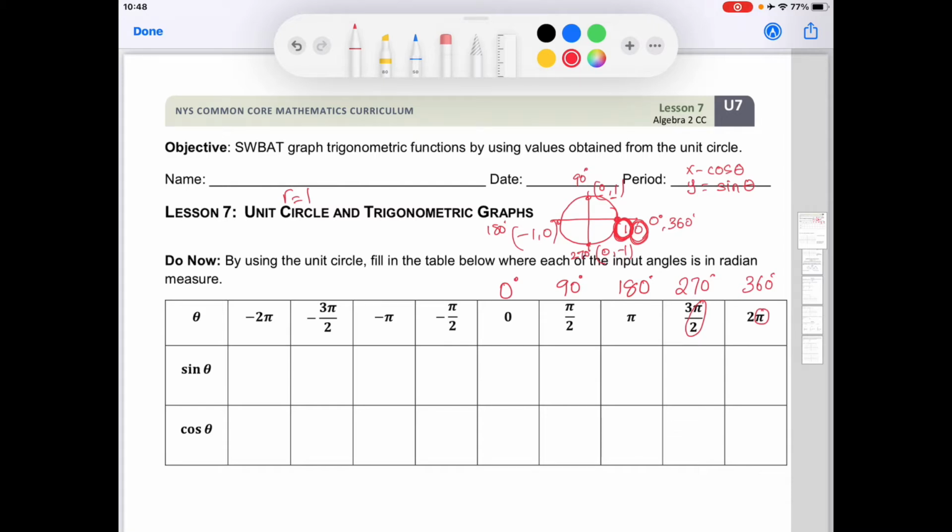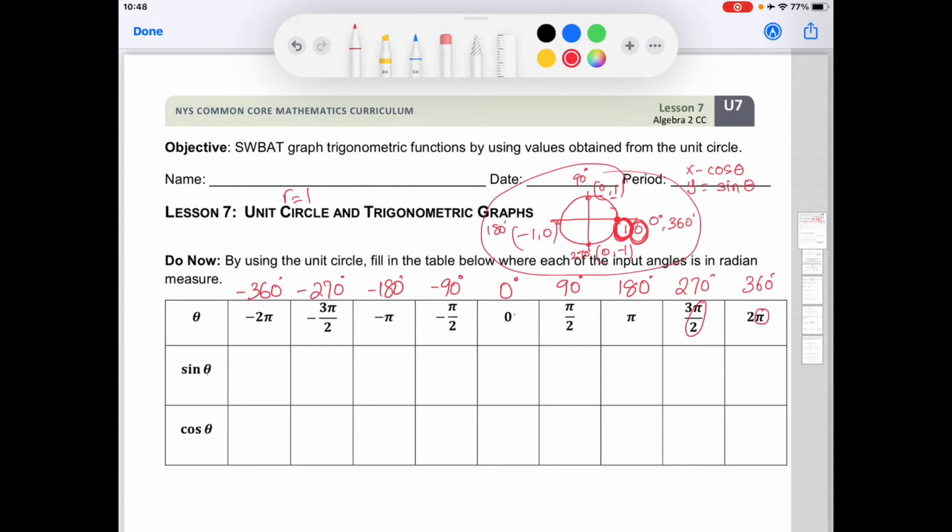Since we already did the right side of the zeros, the left is just the negative of those angles, so this would be negative 90, negative 180, negative 270, and negative 360. Now, I'm going to use this unit circle that I sketched up here to come up with these values, and you will see a pattern to it. I'm going to start at 0.